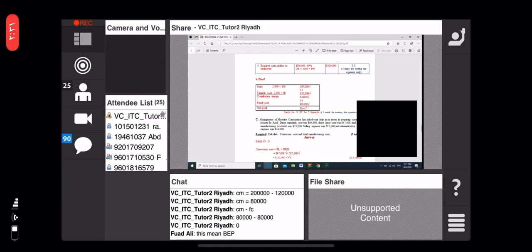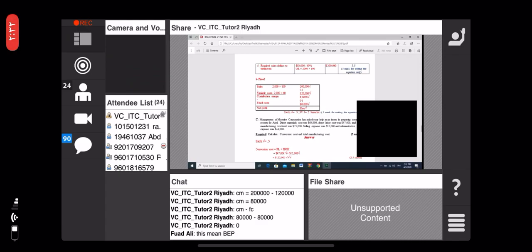This is break-even point. Break-even point means a total sales or total revenue will be equal to what? A total cost.